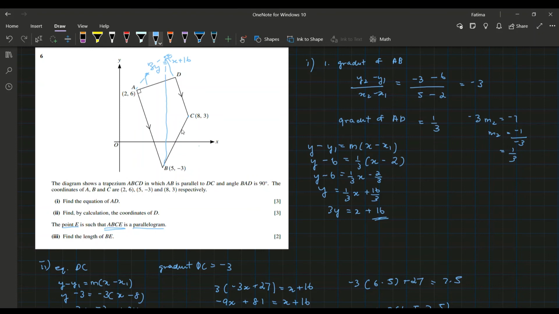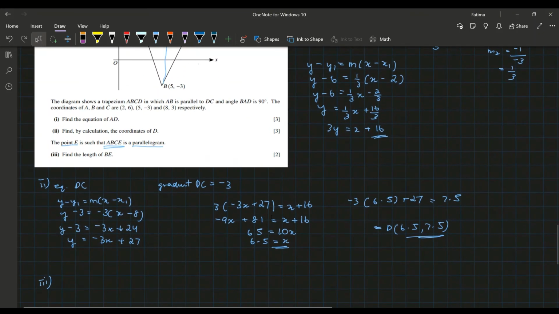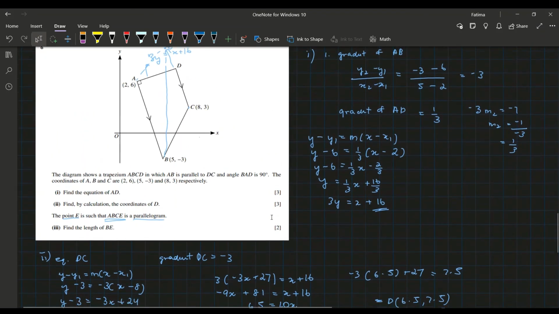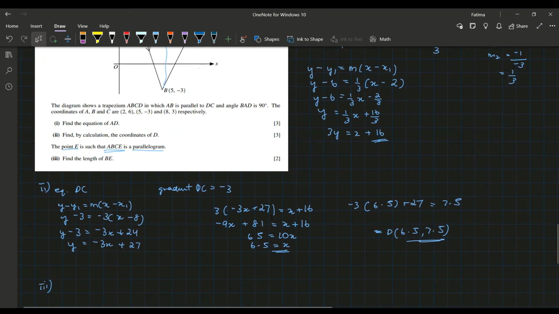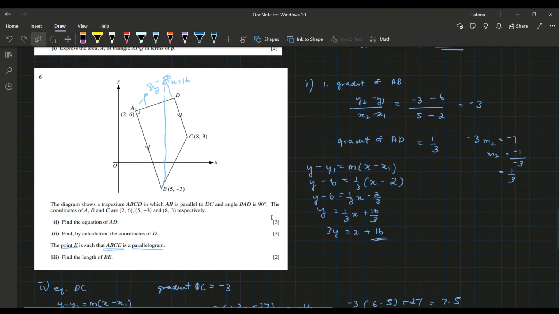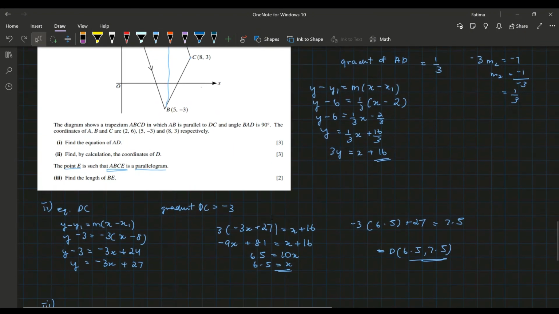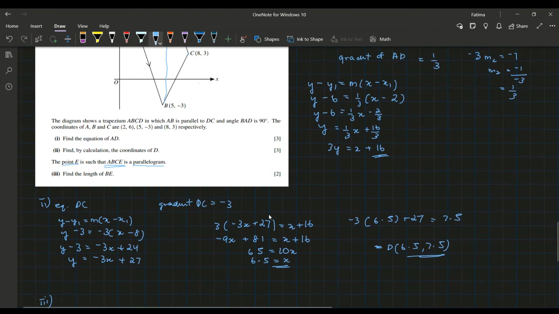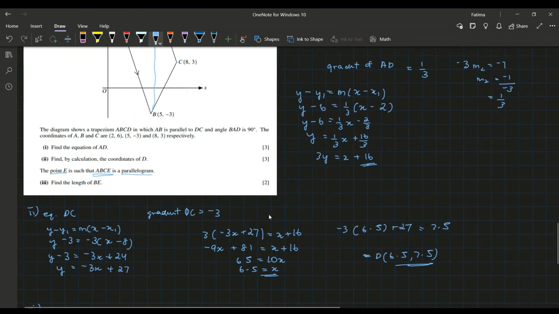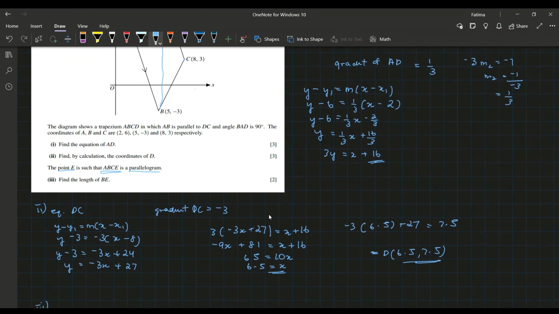So the gradient for AE will be the same as the gradient for BC because they'll be parallel to each other. And if I remember correctly, we found the gradient of BC. Did we? No, it doesn't look like we did. So we can find the gradient of BC easily using the y2 minus y1 upon x2 minus x1 formula. Because C is the latter point, it will take the values of x2 and y2.